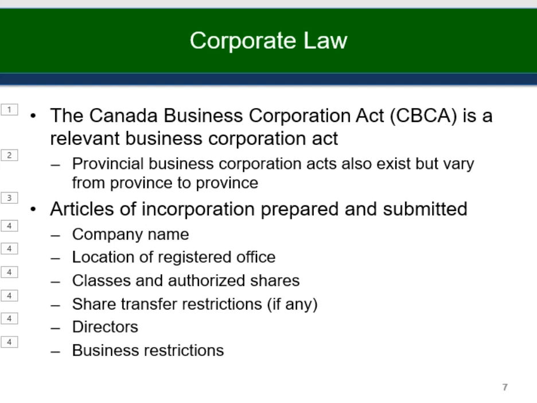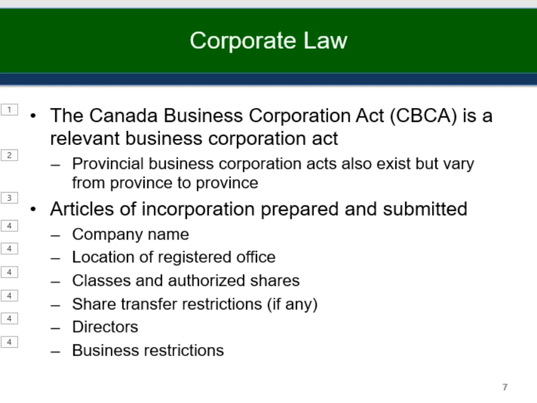So a subsidiary ledger of shareholders is maintained by the corporation or its registrar and transfer agent, which is often the lawyer, for the purpose of dividend payments, for the issuance of new stock rights, voting proxies, so giving someone else the right to vote your shares. That needs to be registered with the corporate registry.